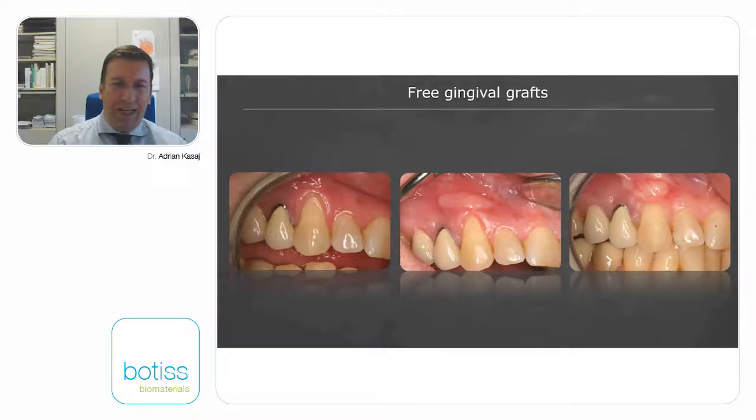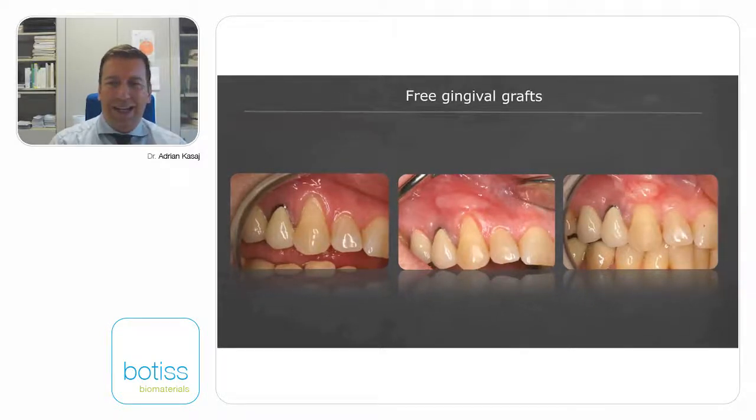You can see here the Bernie-Moulin technique, a 2-stage procedure. So first of all, the zone of keratinized tissue was augmented apical to the gingival recession defect, and in a second surgical procedure, the flap was advanced coronally to cover the recession defect.